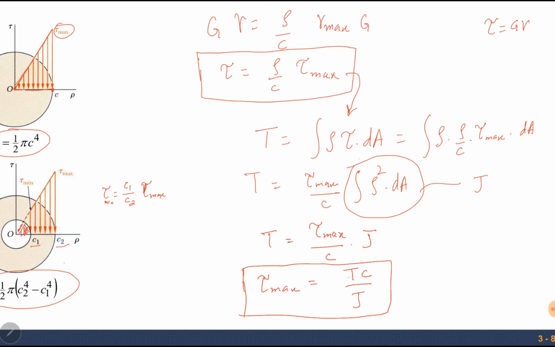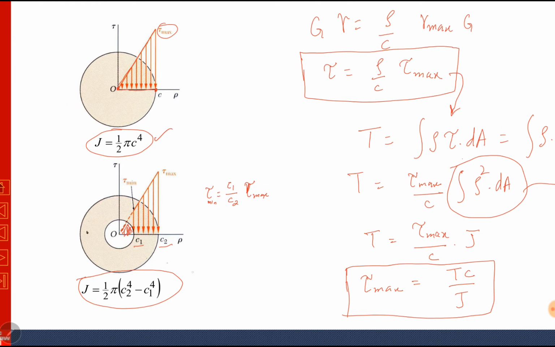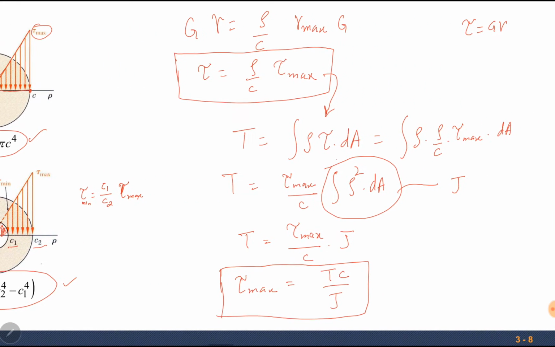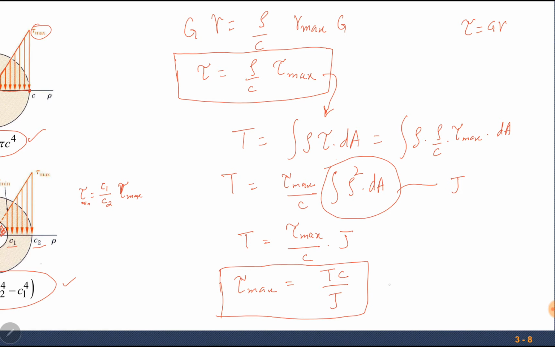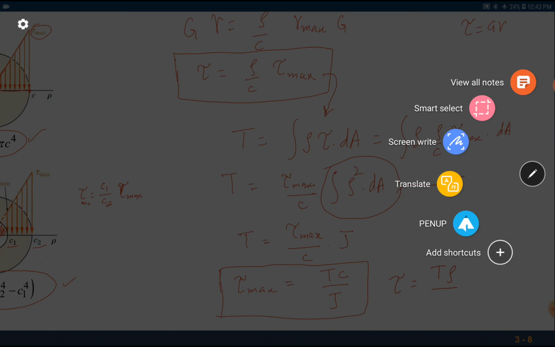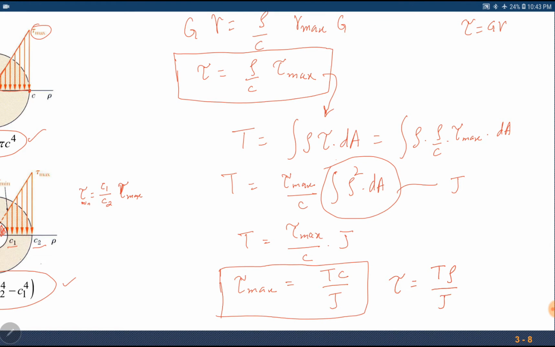Maximum stress is equal to torque times outer radius divided by J, and J can be found from the given expressions for solid and hollow cylinders. If we write a general value of tau, it will be T rho over J. We replace the maximum radius, outer radius, with the general radius rho for the general expression of tau.